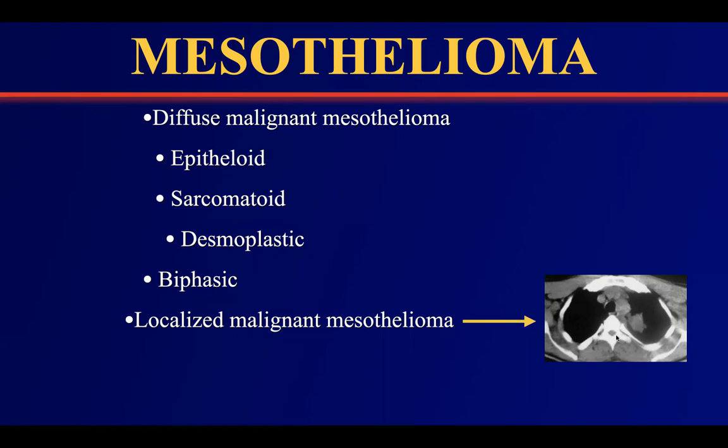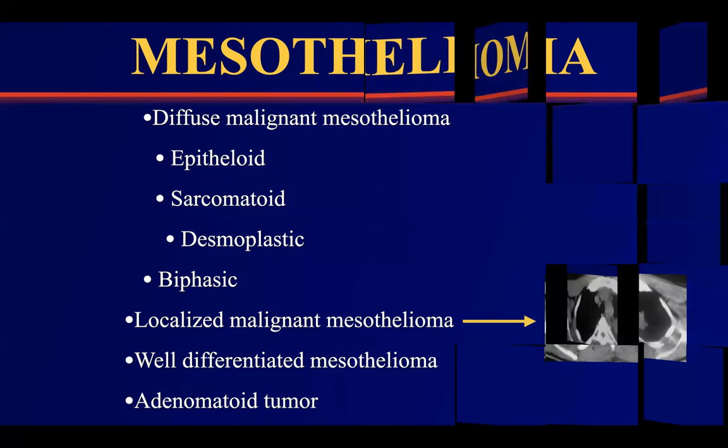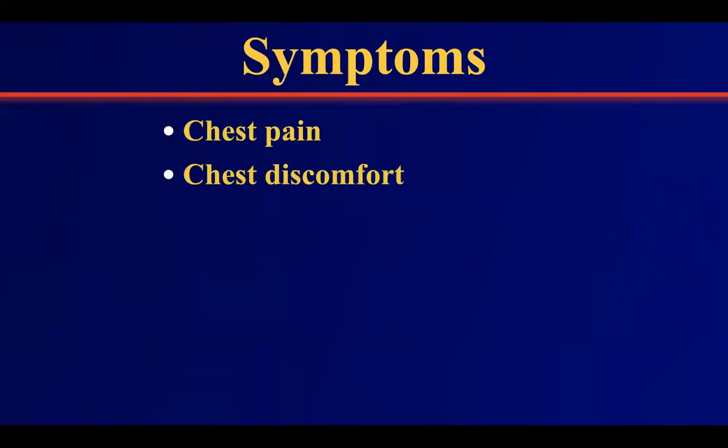This is one of our patients who was published by us approximately 8 years ago. This is a very rare localized malignant mesothelioma. And there is well-differentiated mesothelioma, which is, again, very rare. And adenomatoid tumor has recently been considered some type of mesothelioma, but it is not malignant and is very rare.